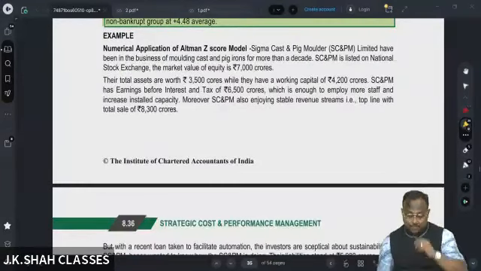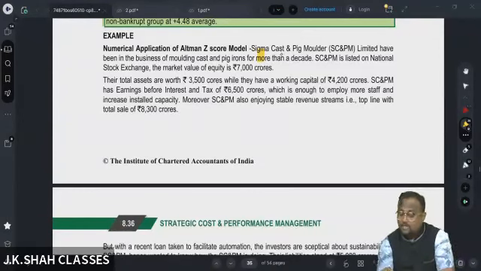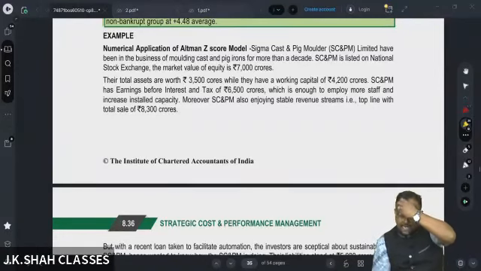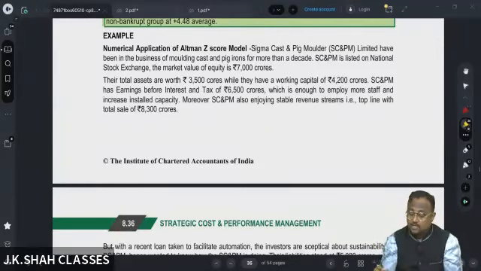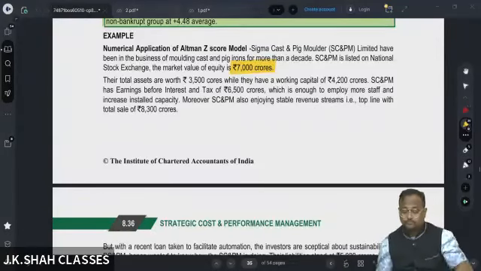Example लेते चलो. Numerical application of Altman Z score model. The company says the Sigma Cast and Pig Molder Limited have been in the business of molding cast and pig irons for more than a decade. SC and PM is listed on a national stock exchange and the market value of equity is 7,000 crores.